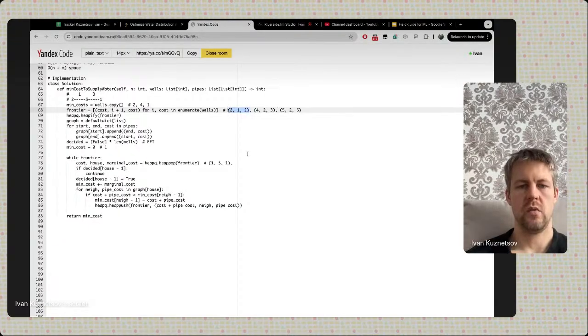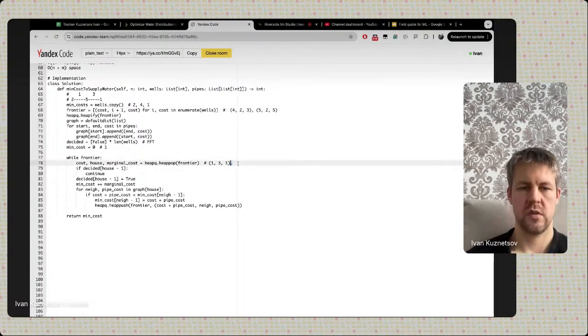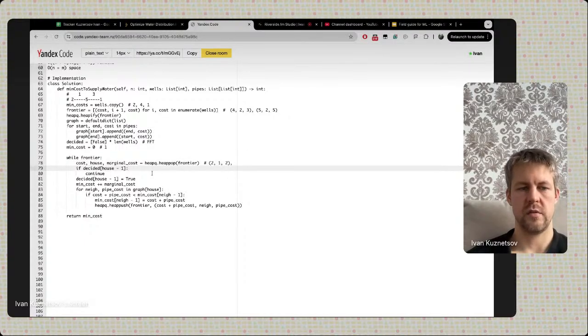And now we do what? We pop another element, and this another element becomes this, and it's decided. No, it's not decided. So we update the house number 1 to true.